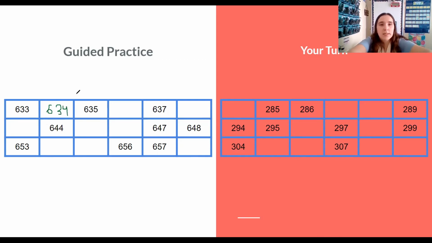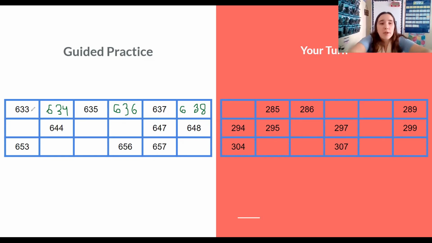And then I'm going to keep counting. 635, 636, 637, 638. And then down to my next row. Now this one I don't have my beginning number with, and remember we can't keep counting after 638.